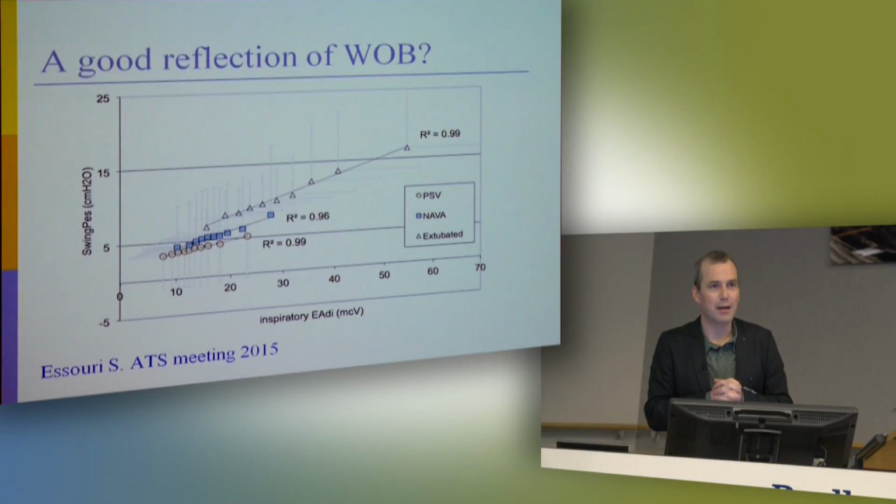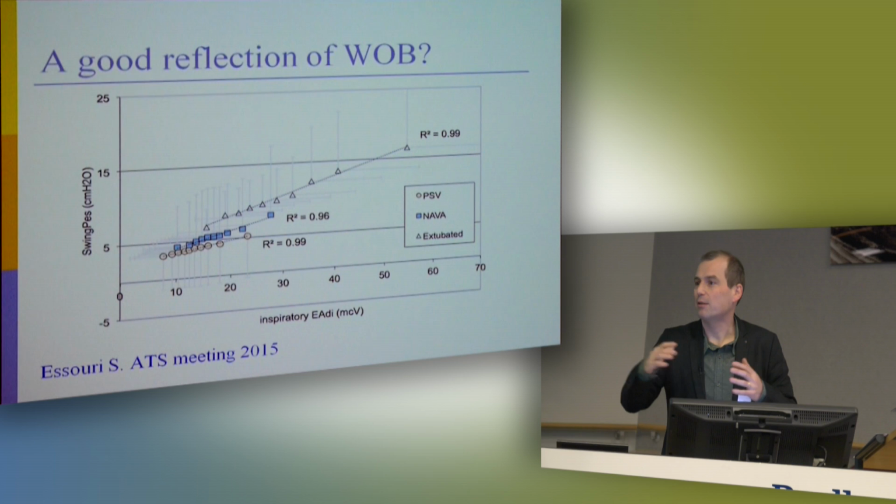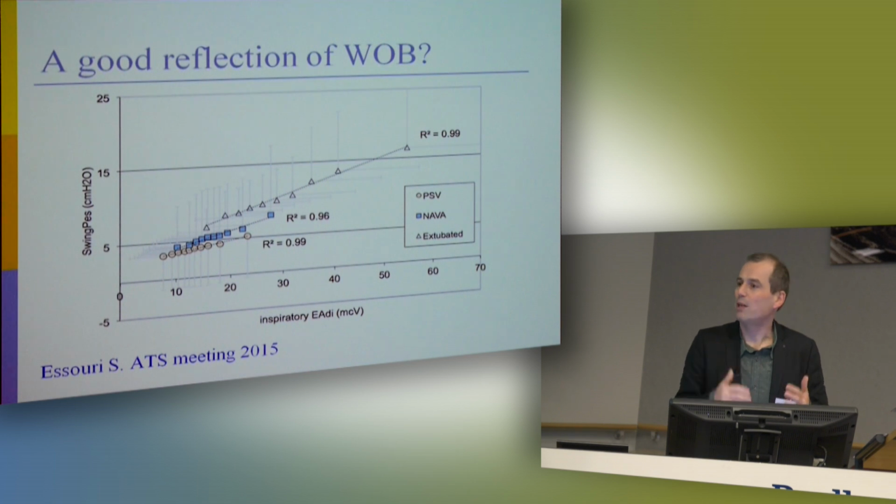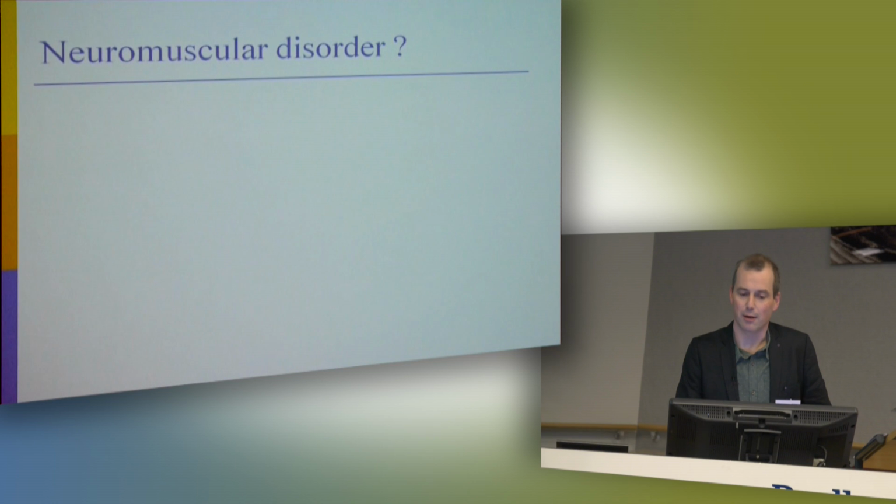So I think EAdi is a very good reflection of changes if the condition of the patient does not change too much. But if you take a patient several hours later or in very different conditions after extubation, the change in EAdi may not reflect exactly the same change in esophageal pressure monitoring. So this remains an important complementary measure probably.